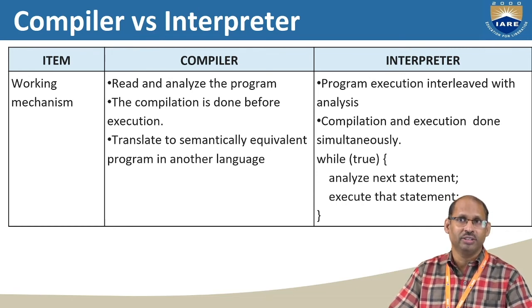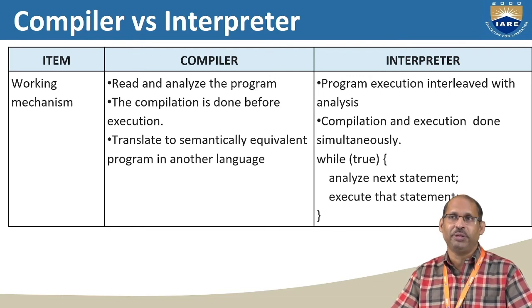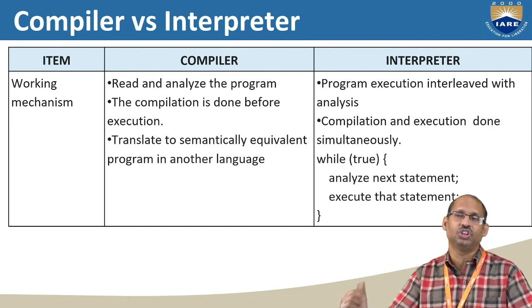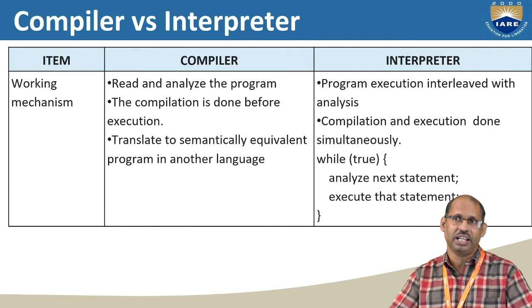In a single shot, it converts high level to low level. Then it simply executes the code 1000 times because it is a for loop repeating the statements 1000 times. But what is the interpreter's working mechanism? Read the line, analyze the line, and execute the line. 1000 times means it performs these 3 tasks 1000 times.